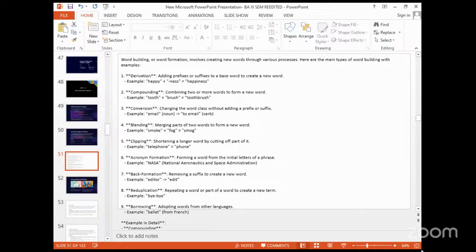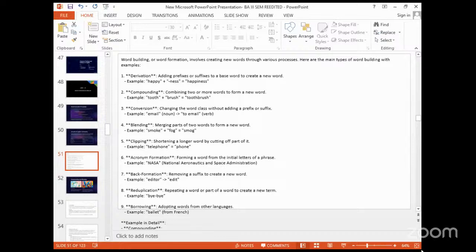Derivation, just now we have read it, where because of the affixation, the meaning of the word changes, and there's even a new word after that, right? For example, adding prefixes or suffixes to a base word to create a new word. Example, happy plus ness becomes happiness. Unhappy, adding the prefix un becomes unhappy.